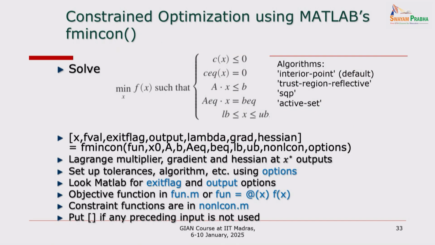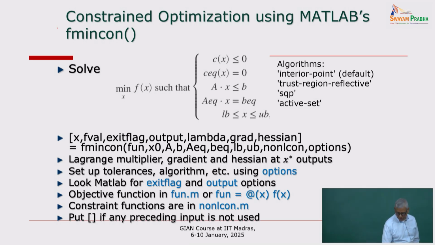Then MATLAB also has constrained optimization, which is called fmincon. That was fminsearch, and this is function minimization with constraints. So it can handle minimizing the function f. F can be any nonlinear function but continuous. C are the inequality constraints. Ceq are the equality constraints, as you see.